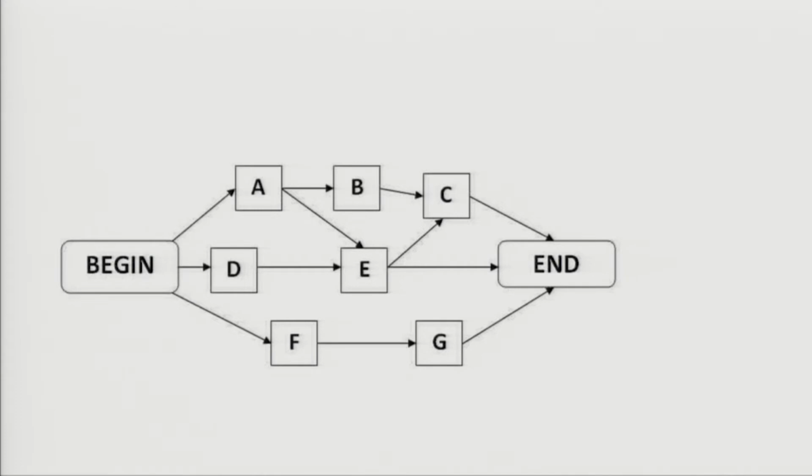Let us see here, this is the beginning, and from the beginning we have three activities: one is A, another is D, and the third one is F. E is preceded by D and also A. It means until both activities A and D are completely finished, E will not start. So, E depends on both of them.